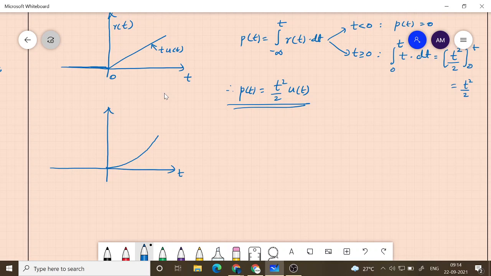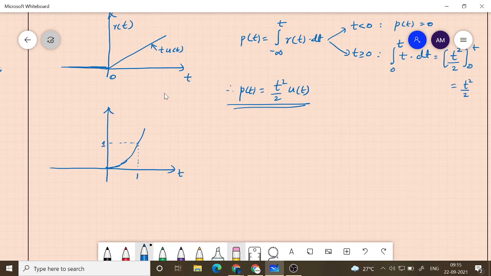This is my parabola. At t equal to 1, it should be half.